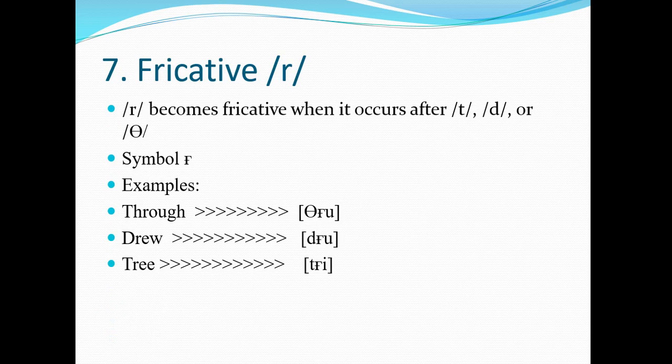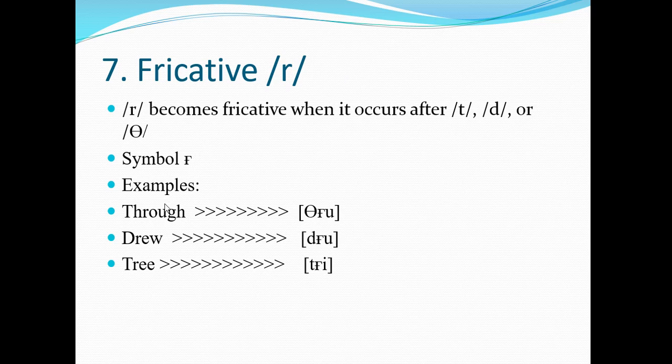Now here we have the 7th rule, which is the fricative rule. Okay, students, the fricative rule says that R becomes fricative when it occurs after t, d, or f, okay? And the symbol for the fricative rule is a little and short line in the middle of the r, okay?